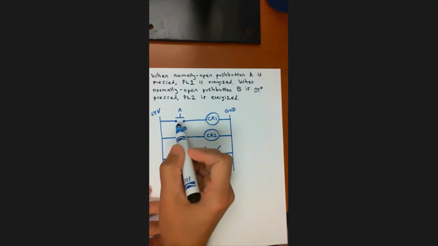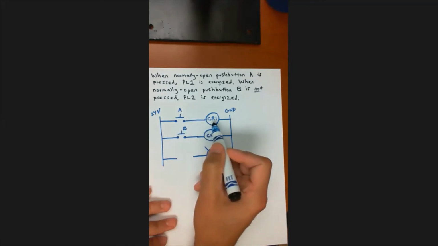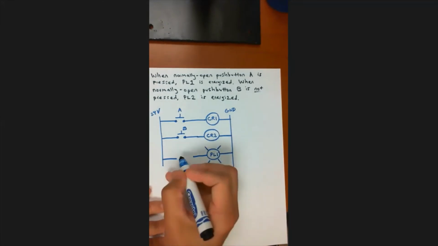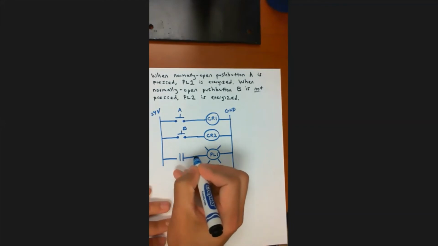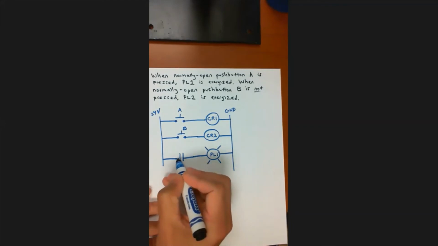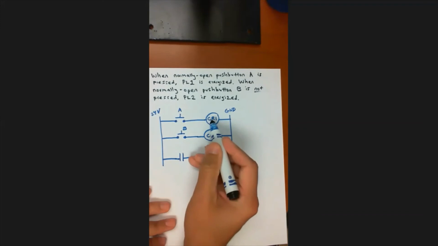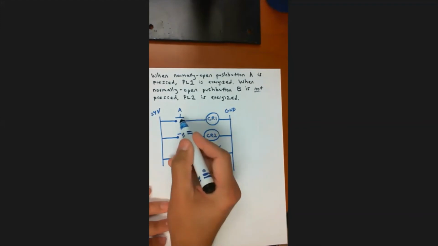Well, when A is pressed, it's going to energize the coil of CR1, and that's going to open any normally closed contacts or close any normally open contacts. So in this case, I want to use a normally open contact so that it will close when CR1 is energized because A is pressed.